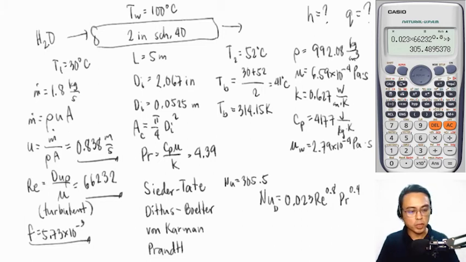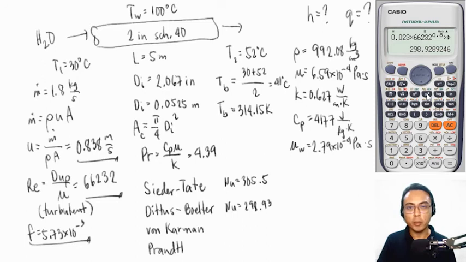If we substitute, that is 0.023 times Reynolds number, 66232, raised to 0.8 times Prandtl number, 4.39, raised to 0.4. Our Nusselt number from the Dittus-Boelter equation is 298.93.